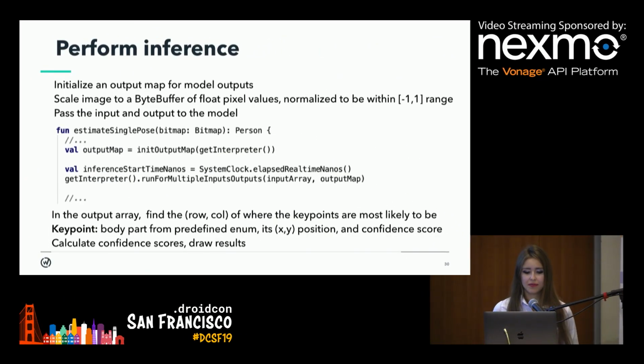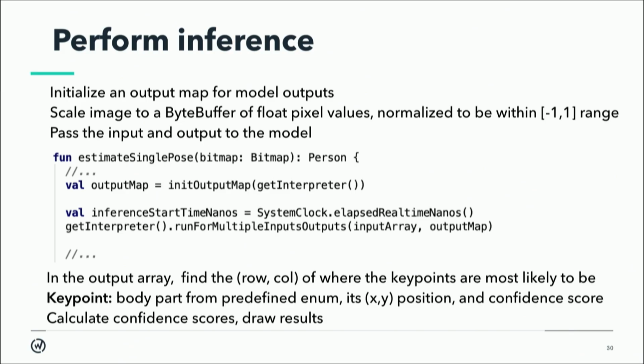And then in that estimate pose method, we have to tell the interpreter what the inputs and the outputs are. The image is going to be represented as a byte buffer of float values, and they're also going to be normalized. Then we pass the inputs and outputs to the model. In the output array, it's going to be kind of like a heat map.